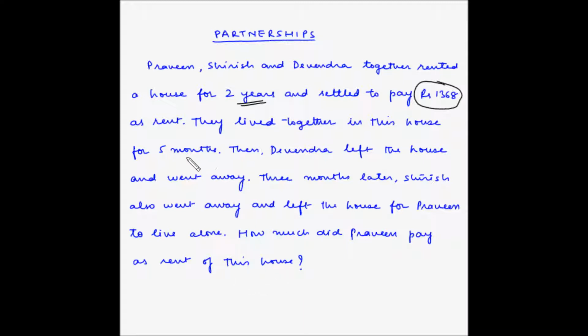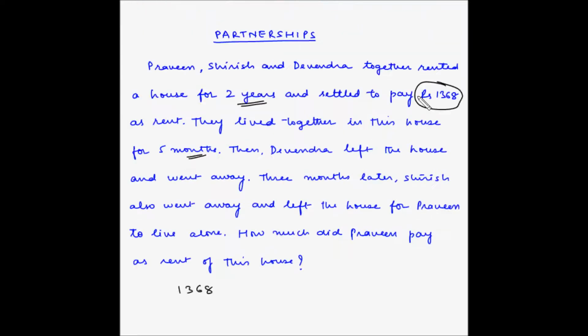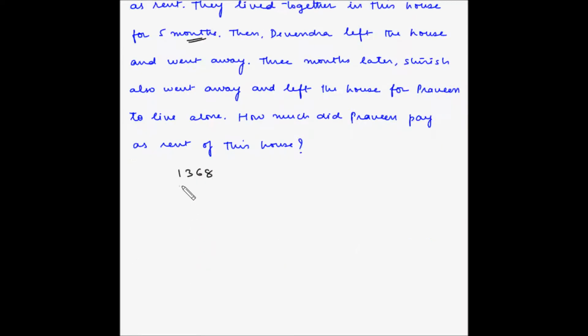So here, because we have the duration in terms of months, let us first find out what is the monthly rent. So the total rent is 1368 rupees, and this is for 2 years, which has 24 months. So the rent is, let's divide both of them by 2.